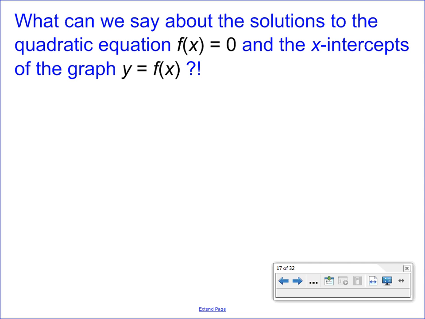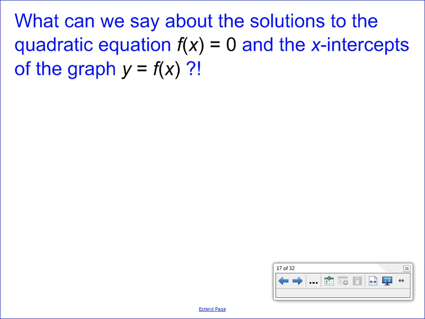What's the connection between the solutions and the x-intercepts of the graph? Still getting used to the contact time schedule.